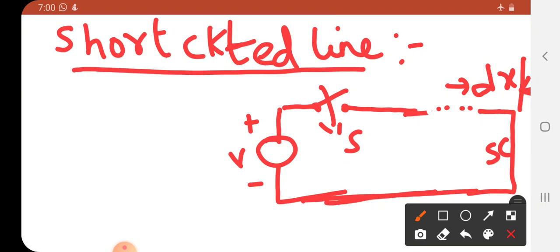The voltage goes to zero, because there is no drop at the receiving end. Whenever there is a drop, we can expect a voltage. So no drop, no impedance, means no voltage.